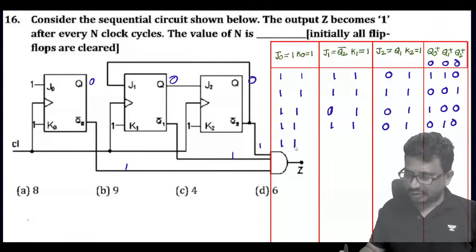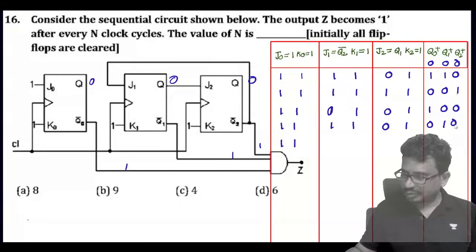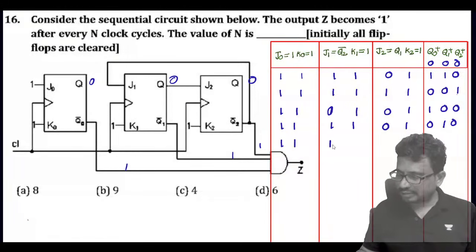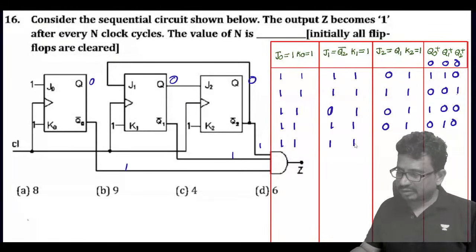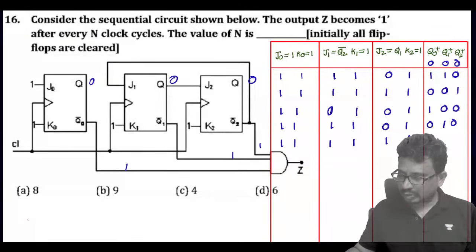Now next 1 1. Q2 bar is 1, Q1 is 1, so toggle, toggle, and this also toggle.